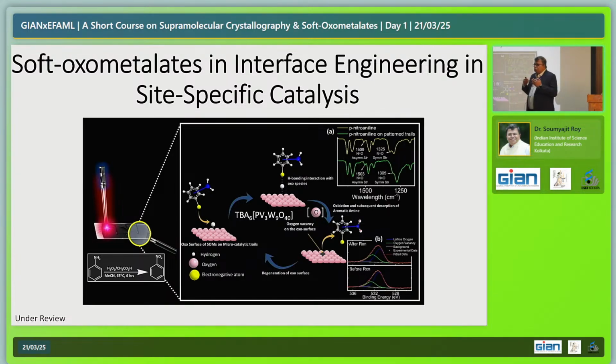So you have these two parallel things that are going on, oxidizing as well as recreation of the surface, because surface cannot be with a hole, right? Because hole means there's something vacant. And that's how this whole oxo surface on the SOMS was regenerated, and this cycle continued. So then they determined the lattice oxygen and the oxygen vacancy with XPS, and we were happy to see whatever we were proposing falls into place.